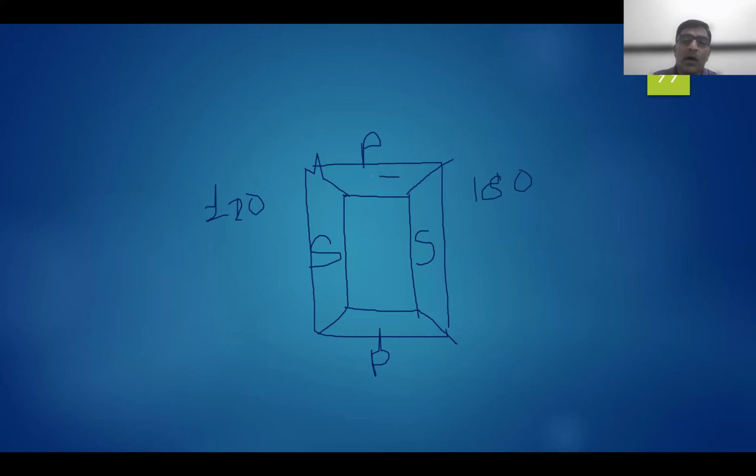So now to give more speed for this sun gear, this planet is going to rotate in this direction, and this will rotate in this direction. So these are going to rotate about their own axis.